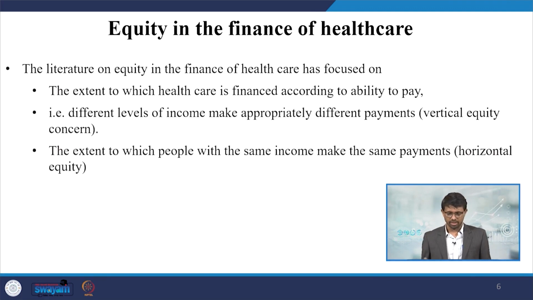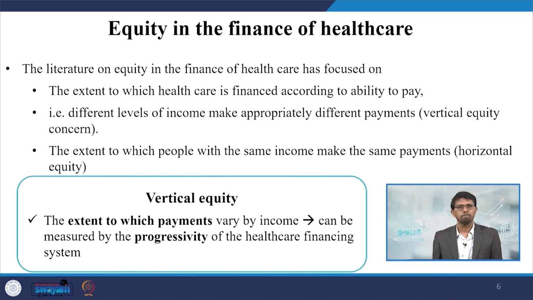We have already discussed that different levels of income make appropriately different payments. If it is different, there is a possible explanation for vertical equity, and the extent to which people with the same income make the same payment is called horizontal equity.